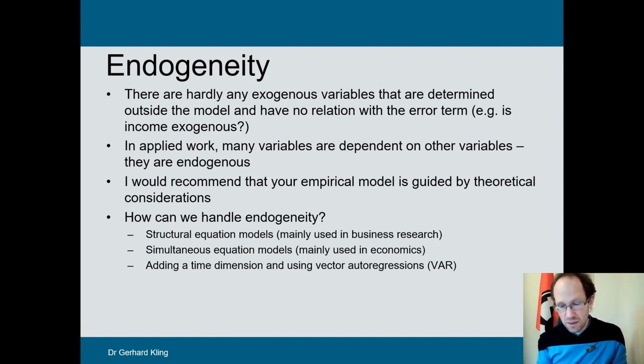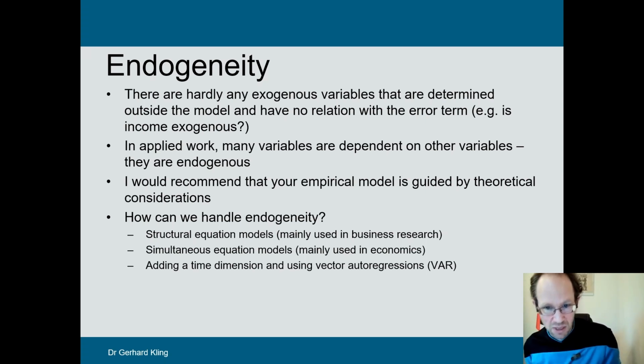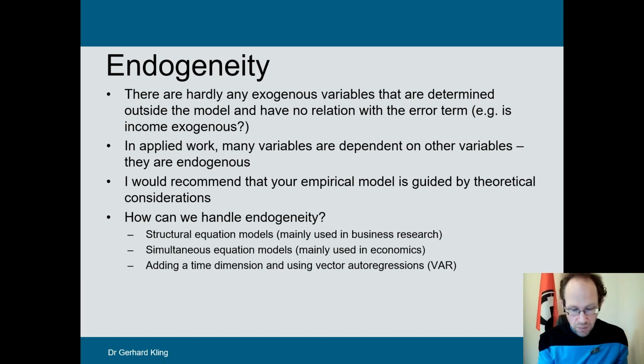In principle, this is a nice solution. The big problem in practice is how to find these instruments. I have done some work on these issues in the context of measuring climate risk. There are sometimes ways to construct instruments, but it's not always straightforward.